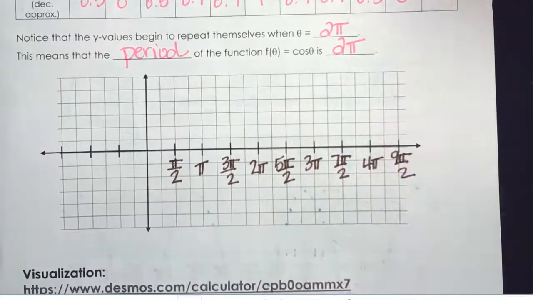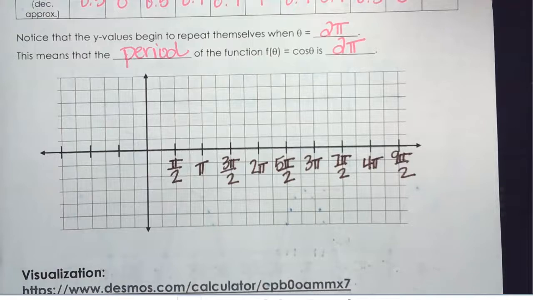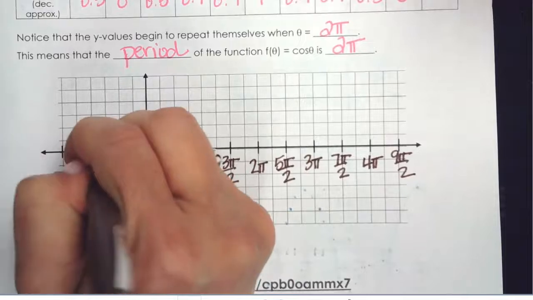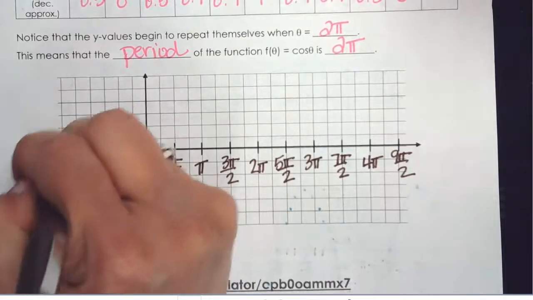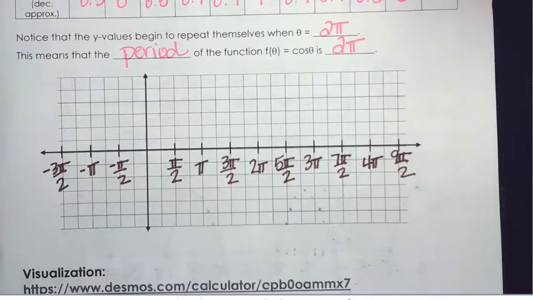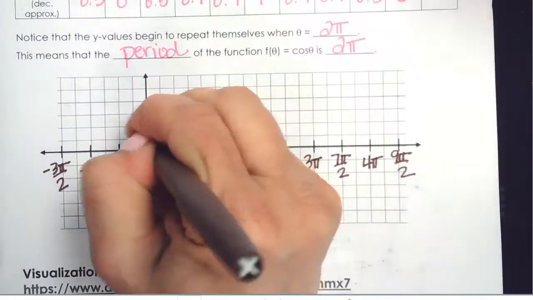Okay. And also please label some of the negative values as well. So basically we're labeling on those large tick marks that I have there for you, the quadrantal angles. Okay. And I think our scale on the y worked out for us very well last time as well.